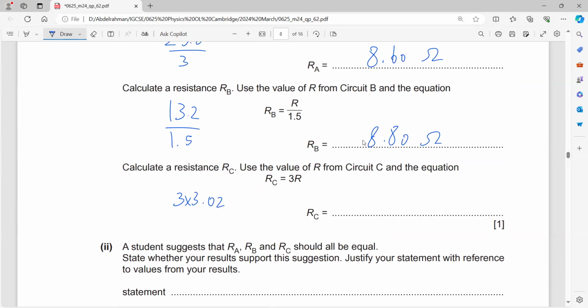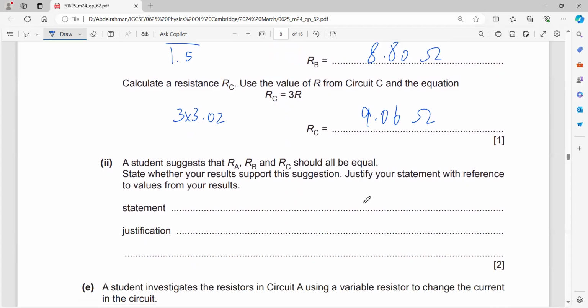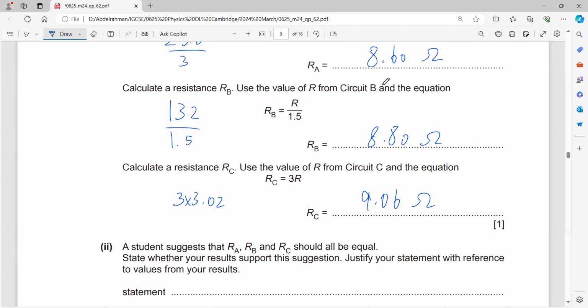RC would be 9.06 ohms. RA, RB, and RC. A student suggests that RA, RB, and RC should all be equal. Are they equal? 8.60, 8.80, 9.06. They definitely seem to be quite close.